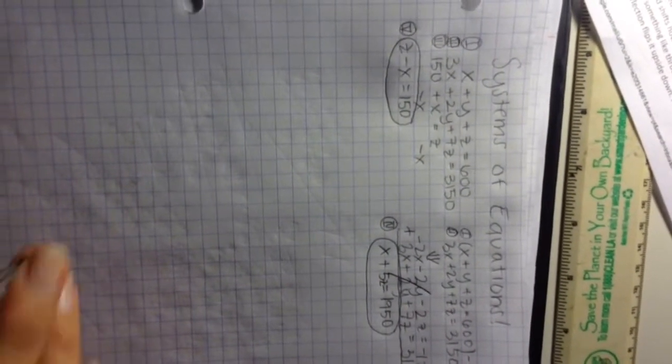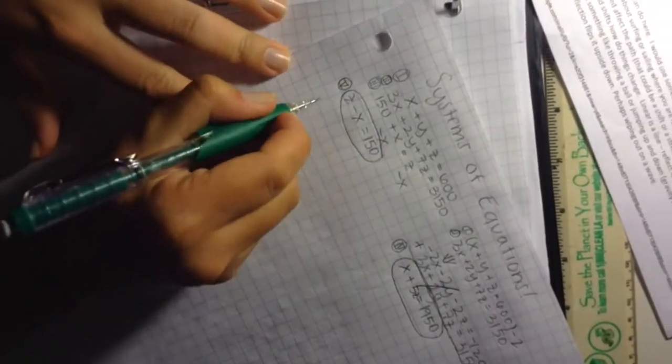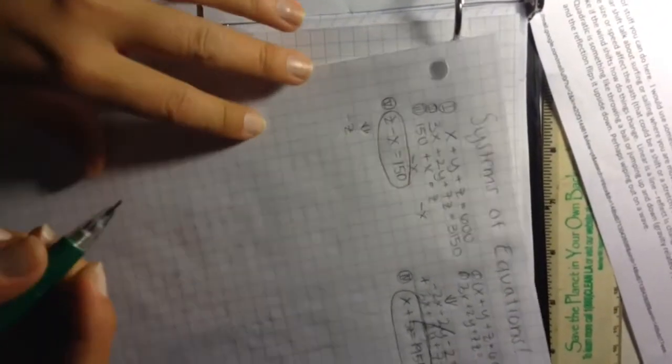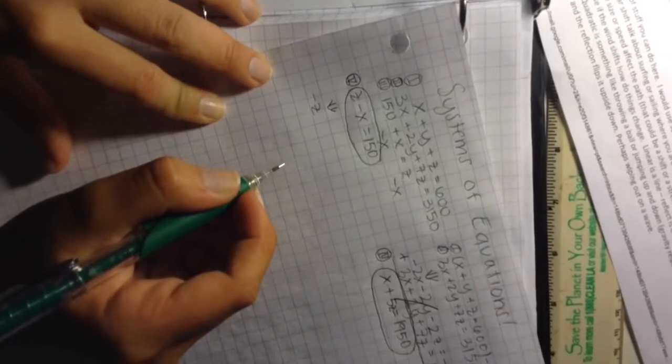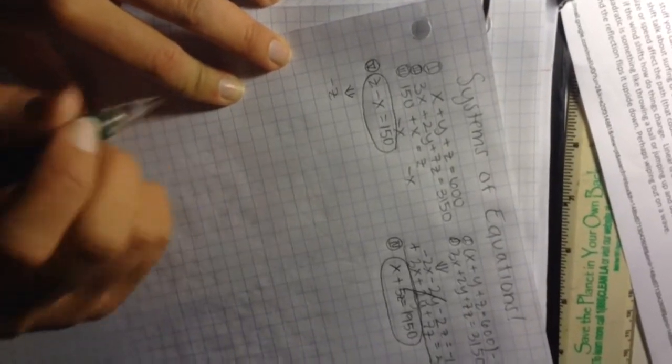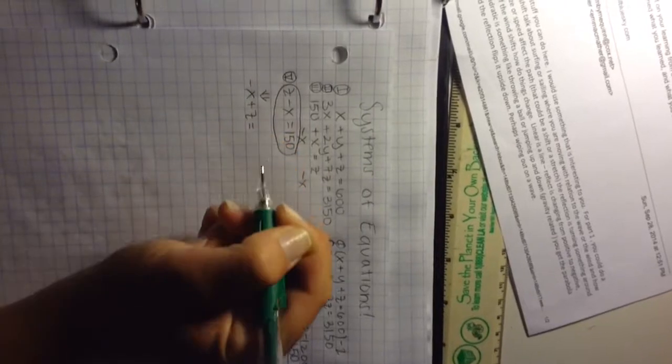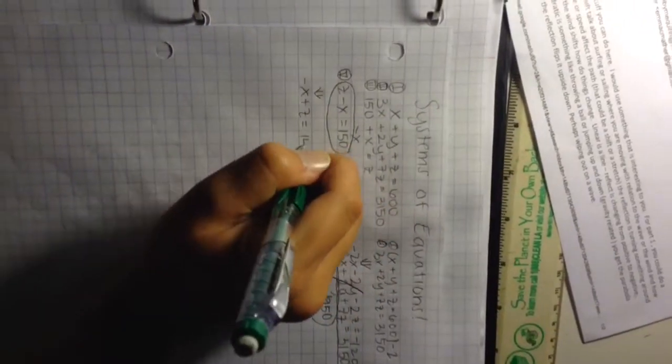So now that we have these 2 equations, we can line them up together to cancel out x. So I'm going to switch this around again. I'm sorry that's confusing, but this is going to turn into -x. -x plus z equals 150.